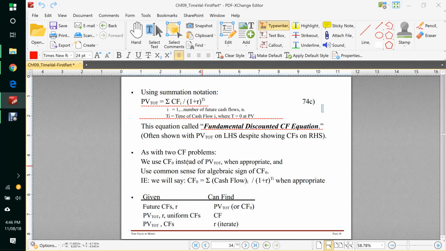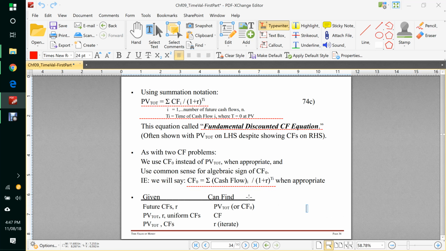And same as with two cash flow problems, we can use CF0 instead of PV tote and use our common sense for algebraic signs. If we use CF0 instead of PV tote, then the fundamental discounted cash flow equation looks just like this.